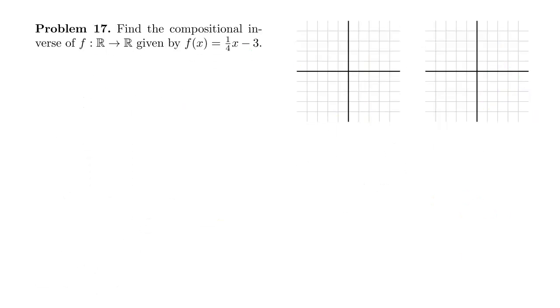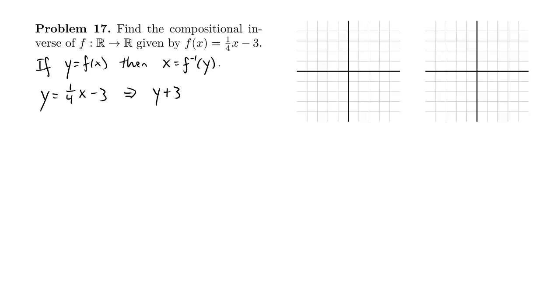I have one last problem for you on compositional inverses. Problem 17 asks us to find the inverse of f of x equals 1/4 x minus 3. Let's follow that process from before. We know that if y equals f of x, then x equals f inverse of y. So to find f inverse of y, we have to take y equals 1/4 x minus 3 and solve for x.